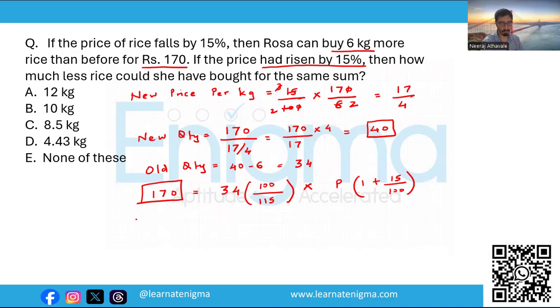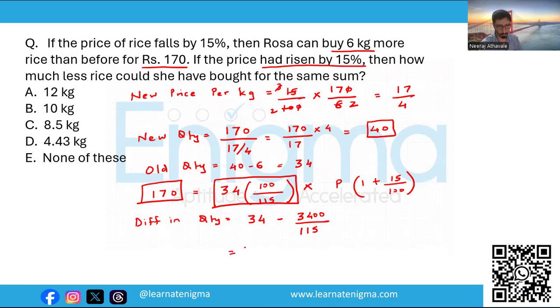Now, the difference in quantity would be the original quantity, 34, minus this new quantity. So this is 3400 divided by 115.